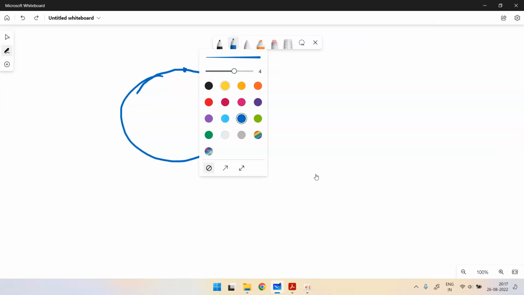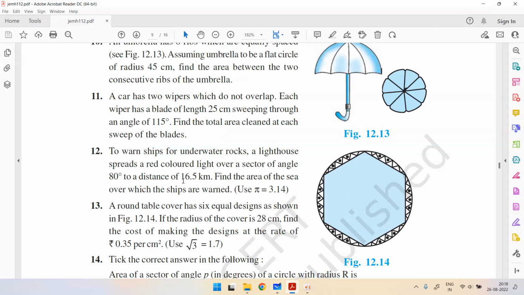Here you can see that this is a tower or lighthouse. This is warning ships up to an angle of 80 degrees, the yellow light, for a distance of 16.5 kilometers.